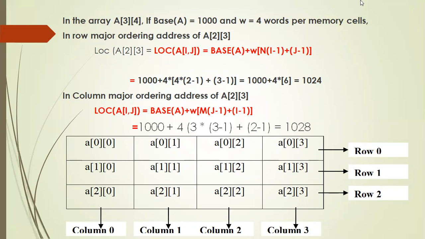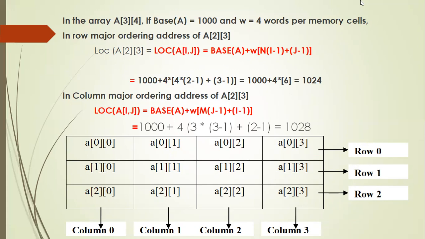That means the address of the element stored in the second row and the third column will be 1024. In this example, you can start the row number from 0, that doesn't matter. But which is the second row? You consider the row number 2 and the column number 3. So that represents the element A of 1, 2, because A12 is the element stored in the second row and the third column. You compute.